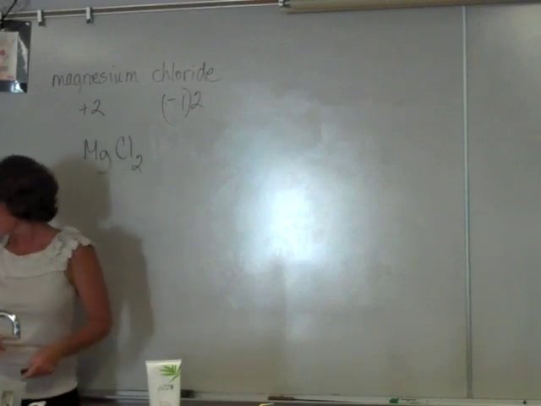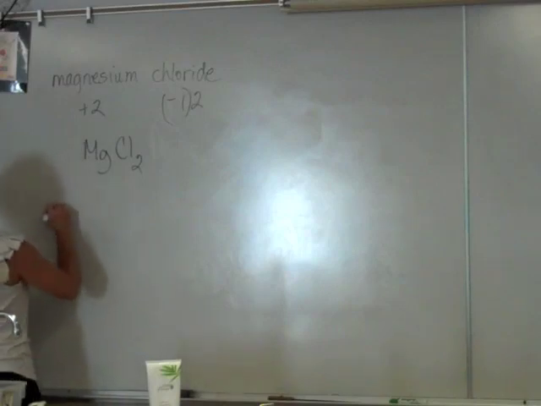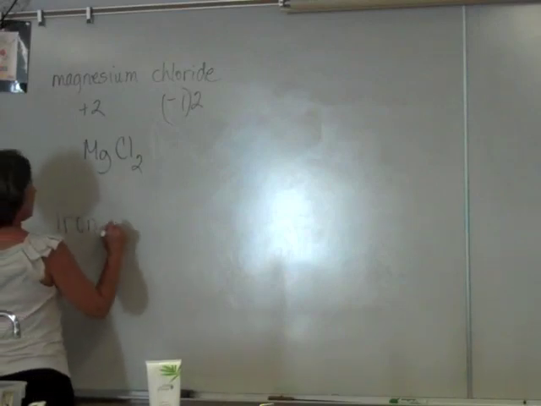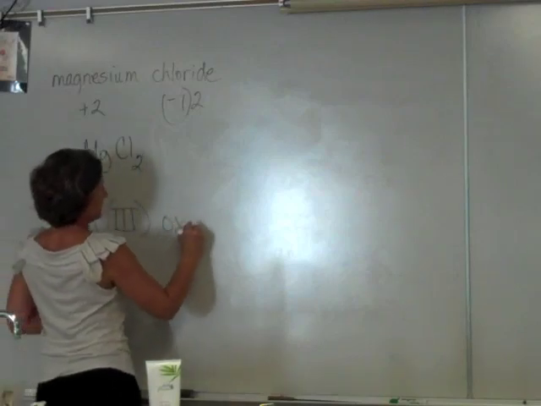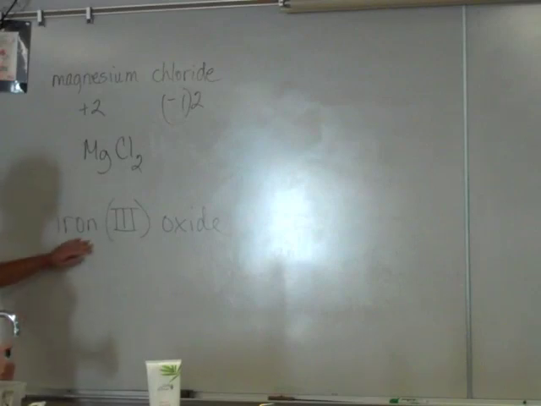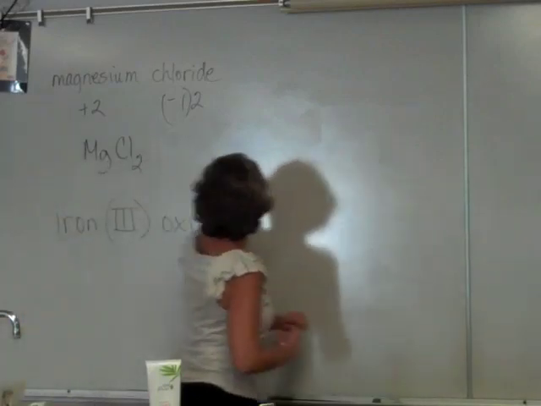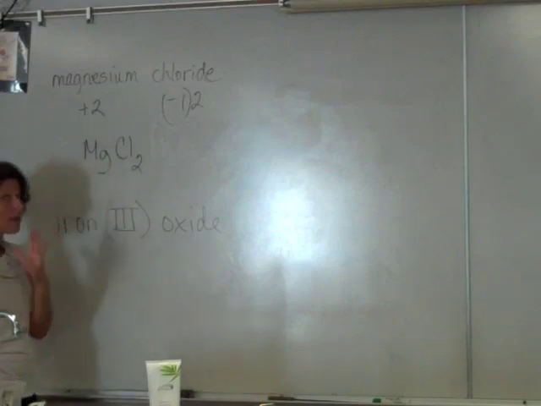All right, let's try another one. Iron(III) oxide. Ooh, gotta love this. The transition metal tells us the charge. First of all, what kind of compound is it?